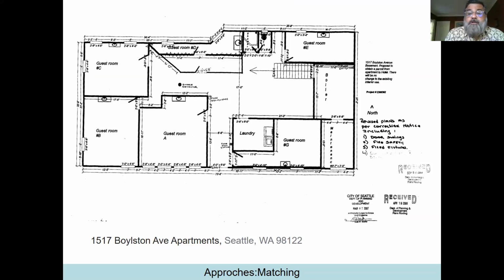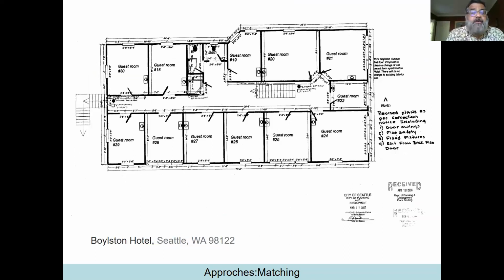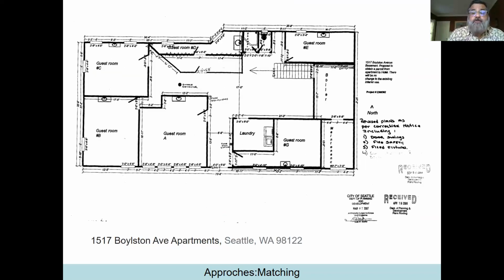And so it's not a radical new use. It was in residential use. Even the retrofitting is residential. It was repurposed into 60 units. You can see the before and after floor plans.